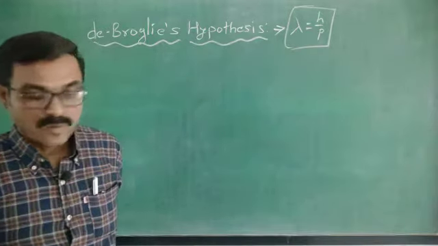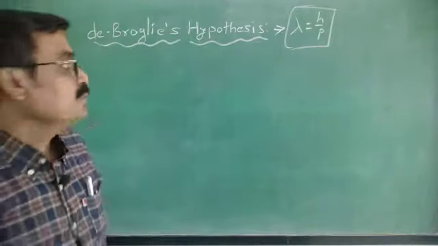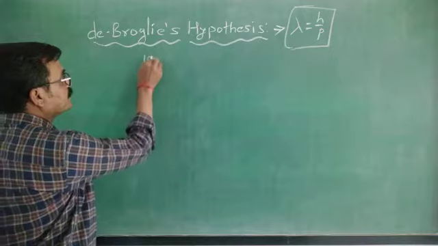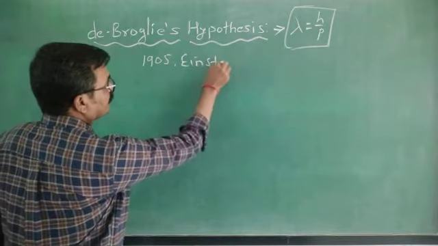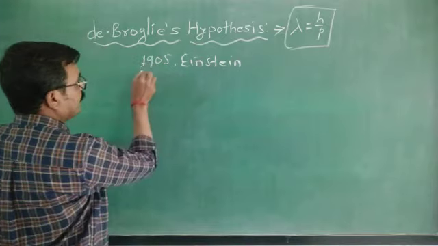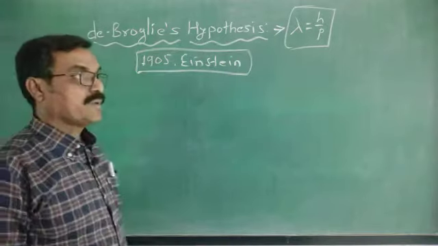Now scientist Einstein in 1905 suggested that the electromagnetic radiation of light exhibits a dual nature.